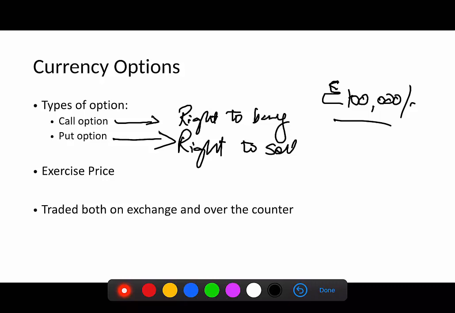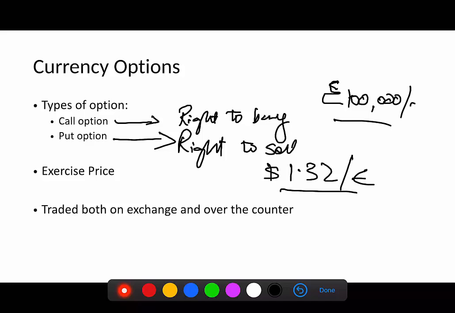So let's suppose the strike price is... sorry, I'm doing it the other way. The euro in this case is the base currency. So if the strike price is 1.32 per euro, it means that you agree with the seller of the call option contract that you are ready to buy each euro by paying 1.32 dollars.